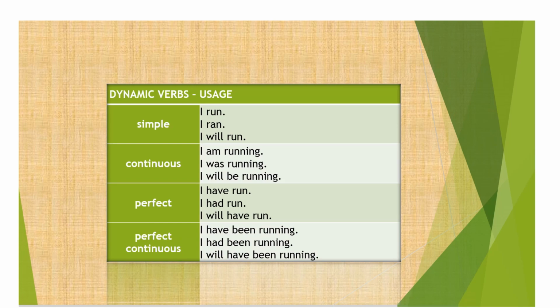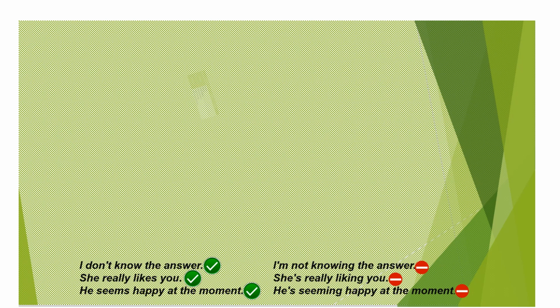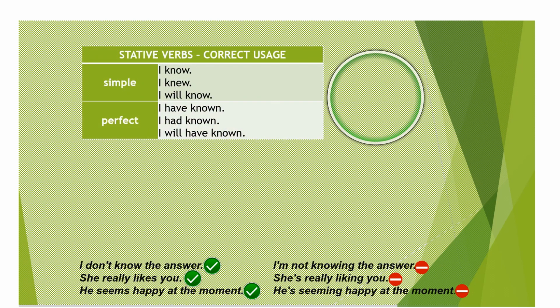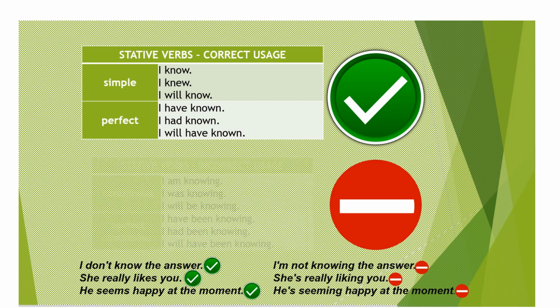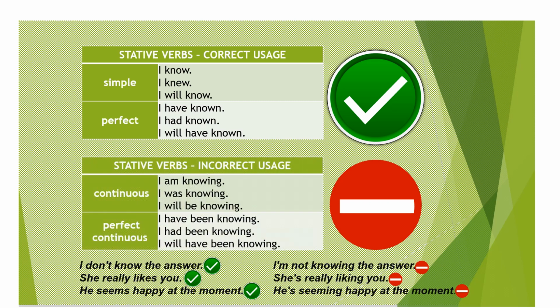We use them regularly. But here come stative verbs. So we'll be discussing the correct usage and incorrect usage. For example, in the simple tense of a stative verb, I could use I know, I knew, I will know.